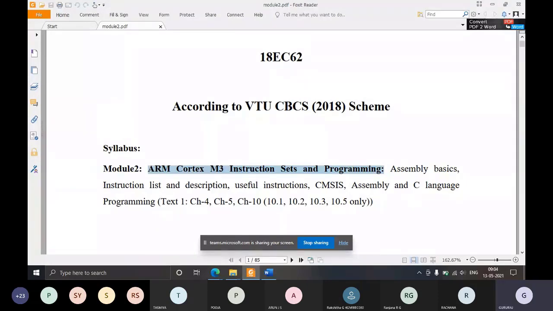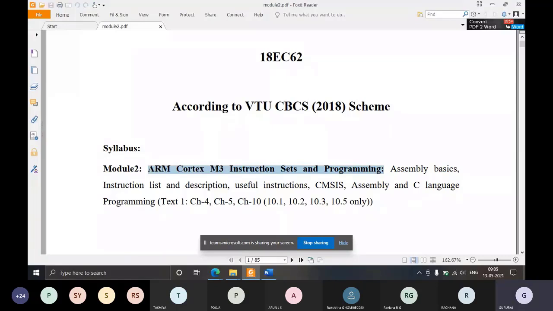So for every processor or controller, there is a separate instruction set. Okay, so for Cortex M3, there is a separate instruction set. For 8051, there is a separate instruction set. Okay, so for ARM7, there is a separate instruction set. Okay, and that particular processor or controller will only understand the instruction set that is supported by it. Okay, you cannot use an instruction of 8051 on ARM Cortex M3 and tell it to add two numbers, subtract two numbers.